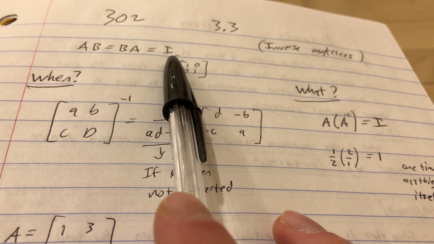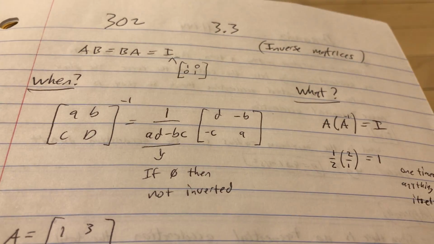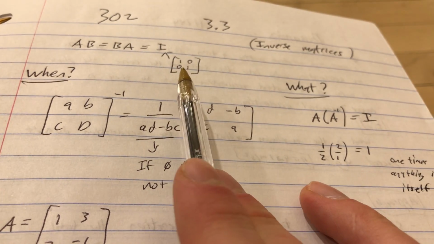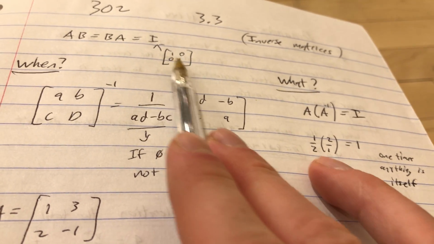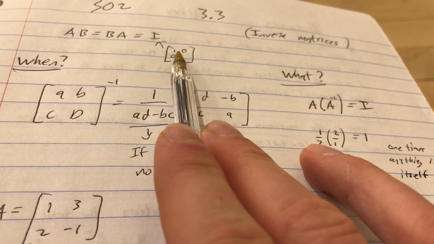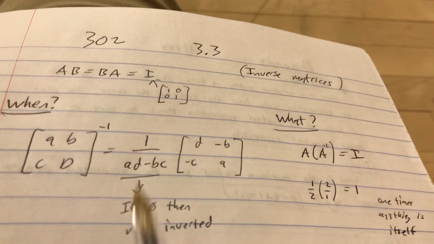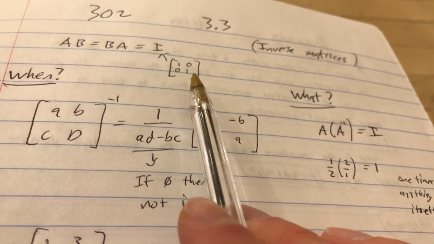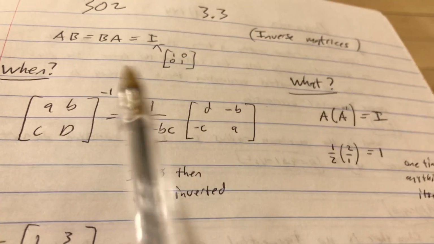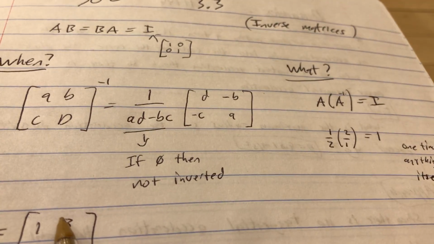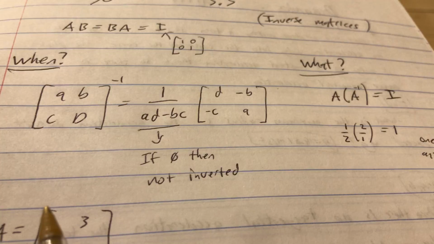A matrix times its inverse equals an identity matrix, which is just ones on the diagonal and zeros everywhere else. It's called the identity matrix, I think, because when you multiply it by a matrix, you just get the same thing. It's like multiplying by 1. So that concept would come in handy.